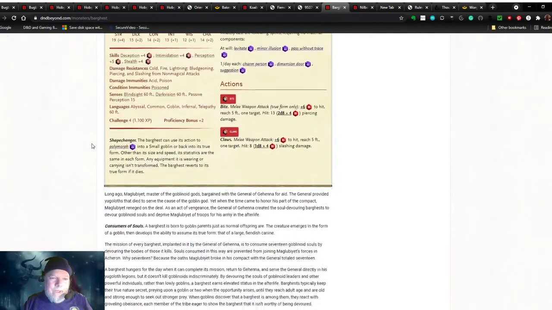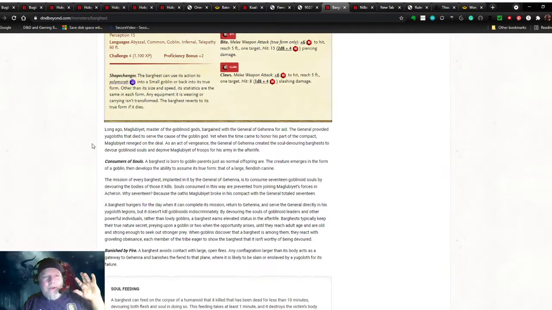Now, we're going to talk a little bit more about this character when we talk about goblin religion. But the primary goblin deity is a character called Maglubiet. And he, at one time, bargained with the general of Gehenna, Gehenna being one of the planes of the Abyss, for aid.